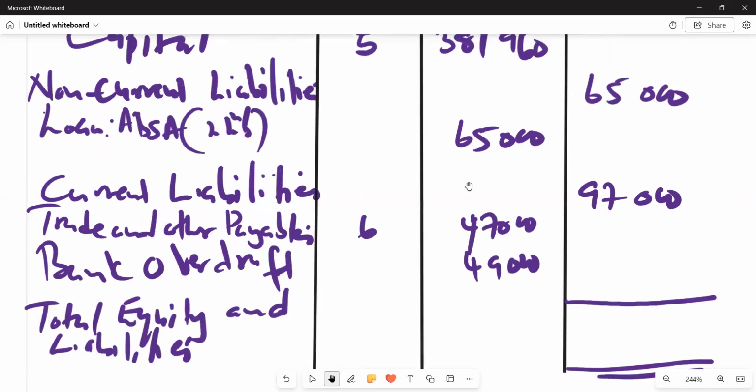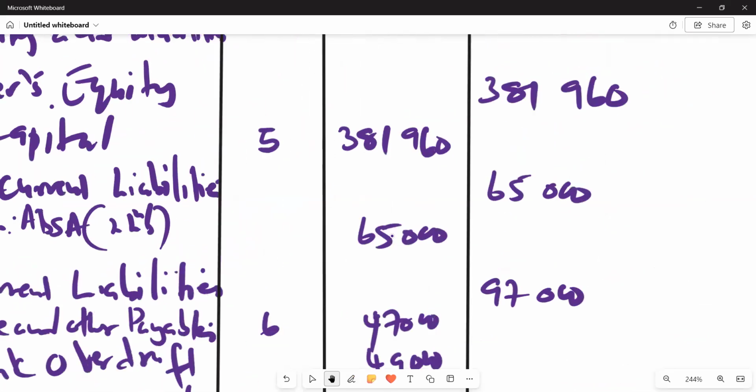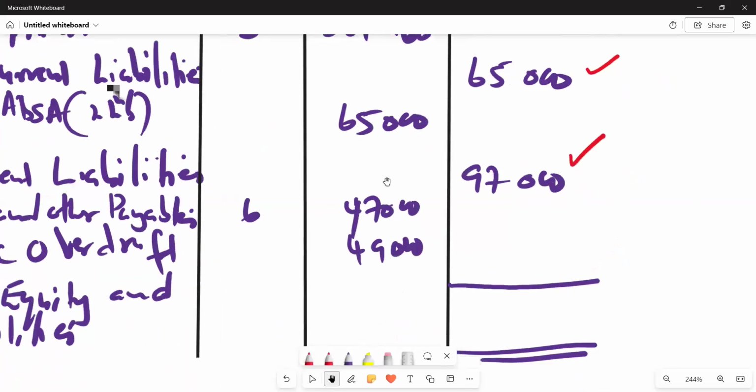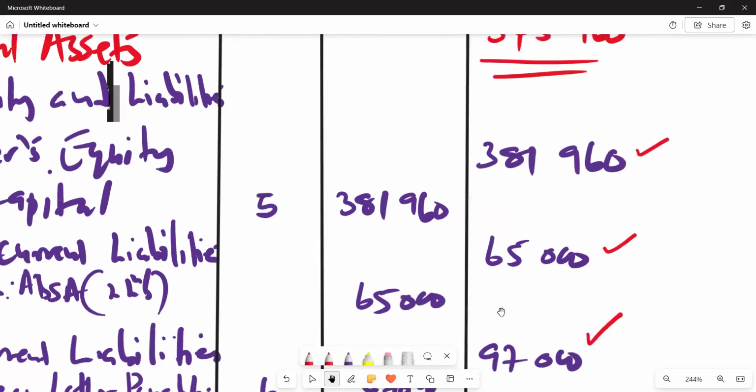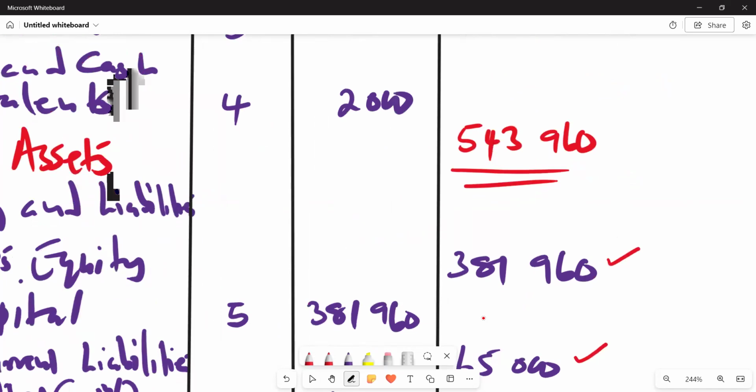Remember, we have the figure for owner's equity, which is here. And then we add the figure for non-current liabilities here and the figure for current liabilities. So 381,960 plus 65,000 plus 97,000. Then we are going to get the second balancing figure, which is supposed to be 543,960. So you see that this is the second balancing figure, which should be the same as the first balancing figure, which we are also having here.